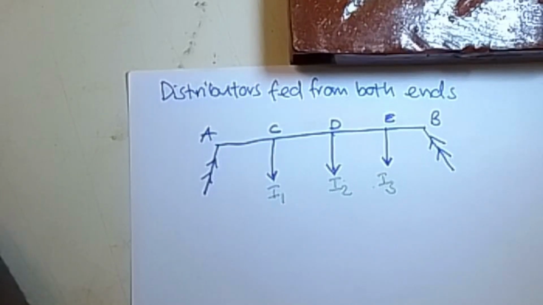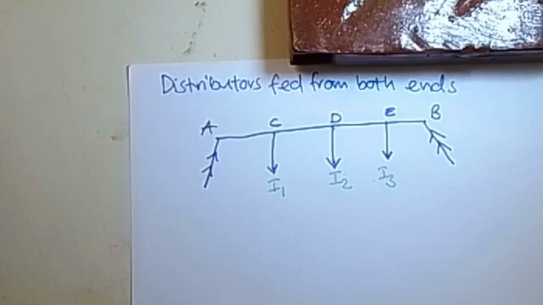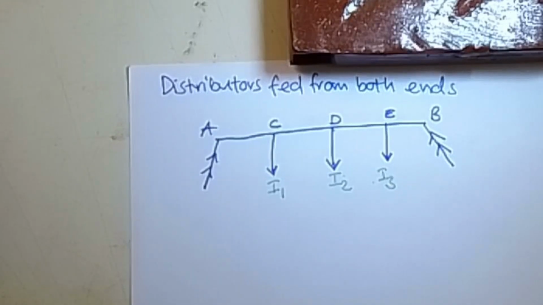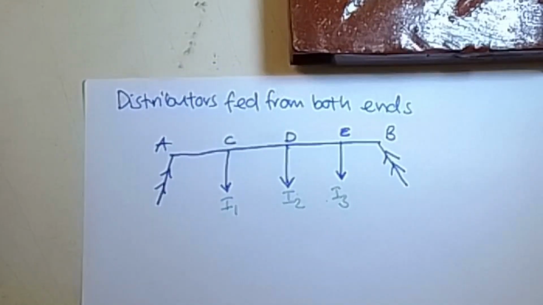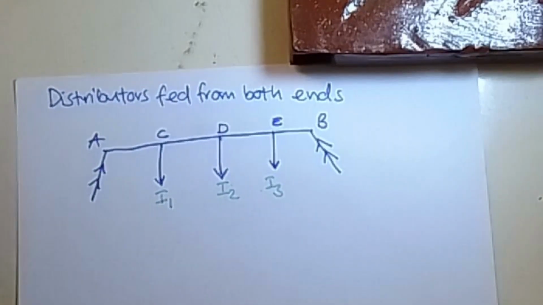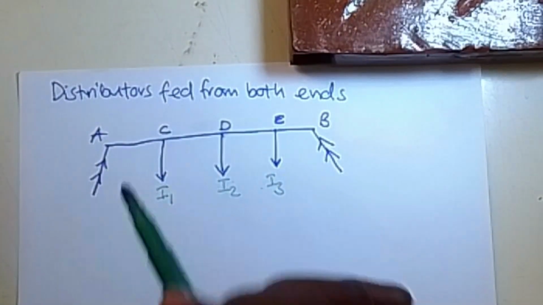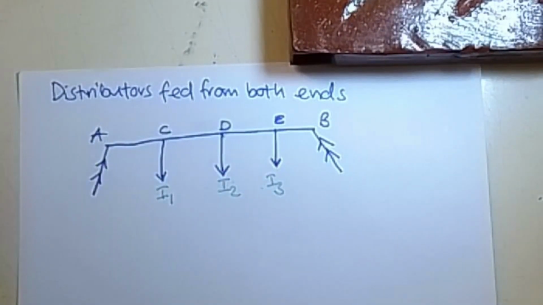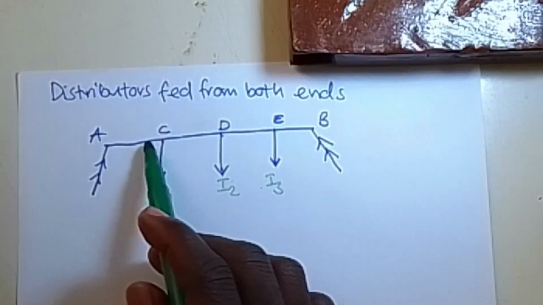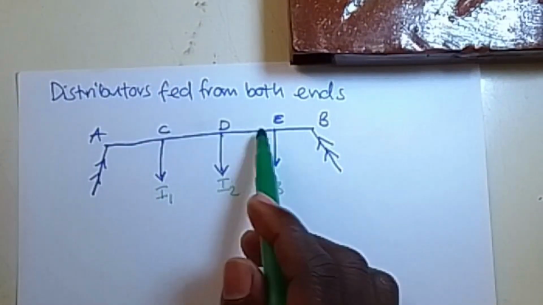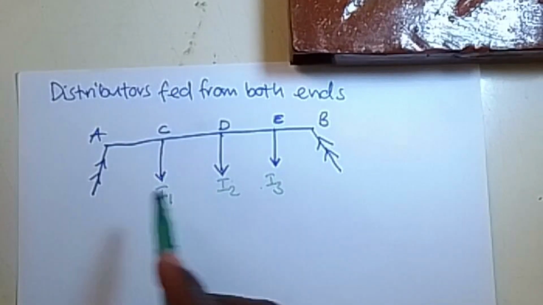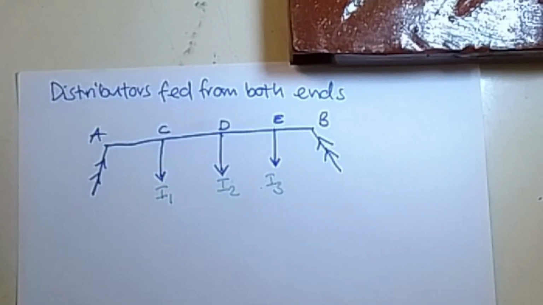To find the potential at each particular section, we first get the current flowing through this section, this one, and that point. Then we shall keep on subtracting, get the voltage drops, and then calculate the voltages at these points.